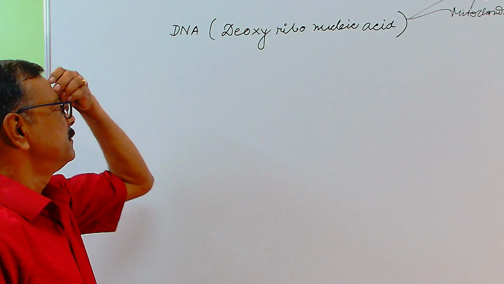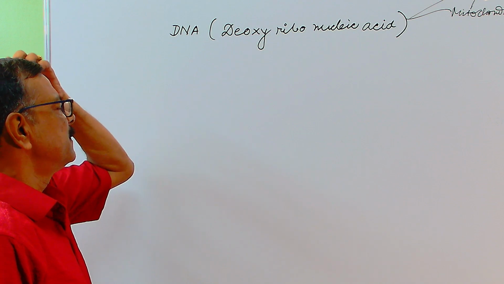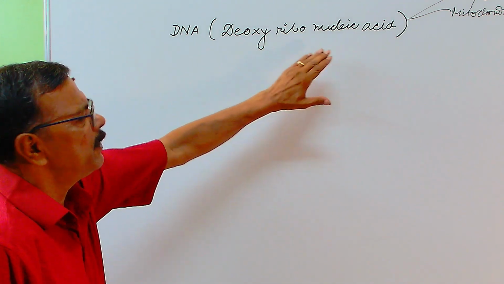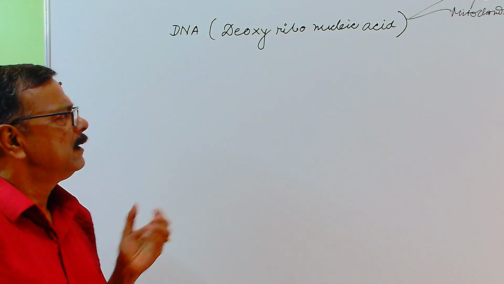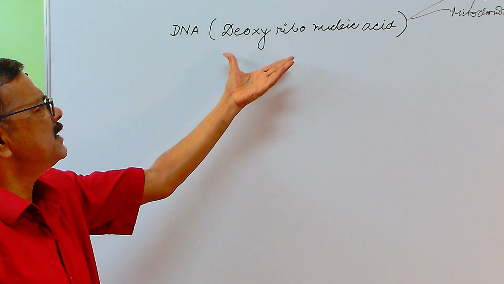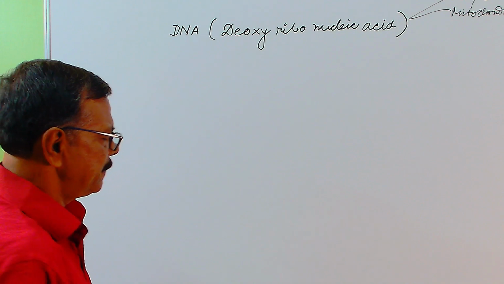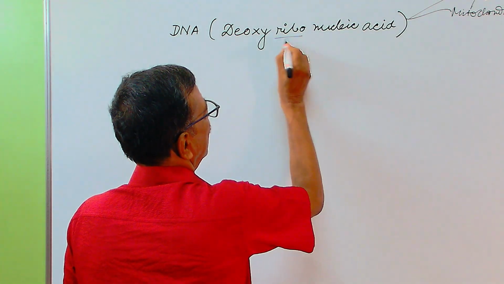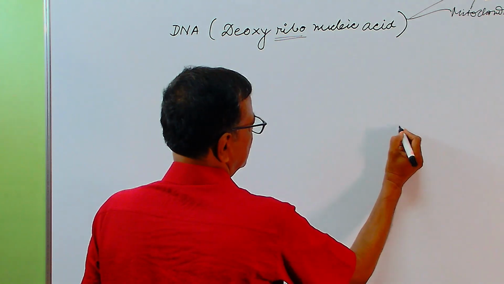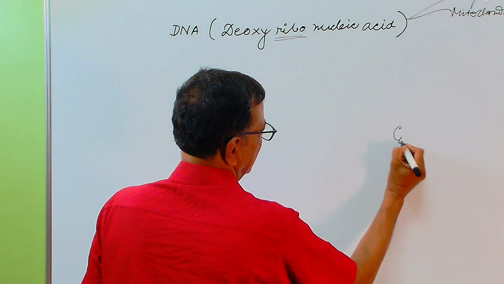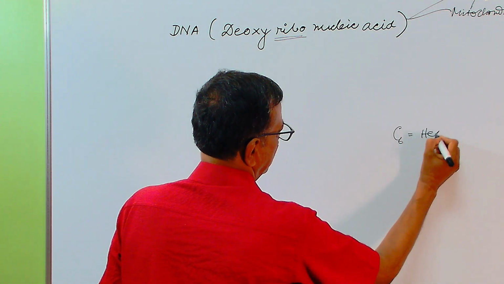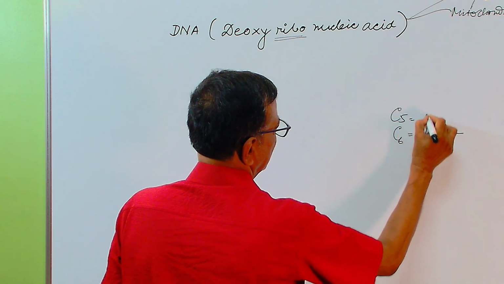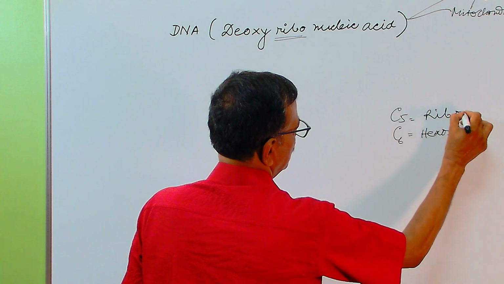Now, let us think why it is called deoxyribonucleic acid. The question comes, why is it deoxyribonucleic acid? Ribose means C6 is hexose, C5 is ribose.